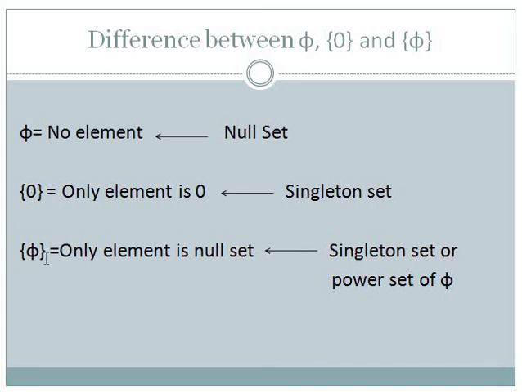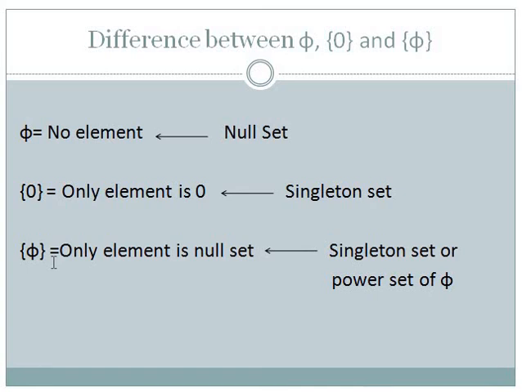And if we write phi between curly brackets, then phi is the element of that set. So the null set is the element of the set. That is also a singleton set, which we represent as the power set of phi.